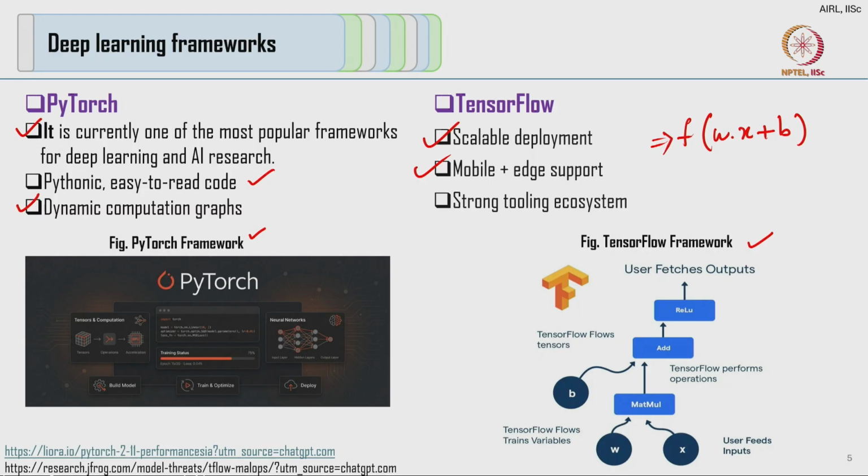Now we can see that for a given input we have a weight W, and when we do a matrix multiplication, finally we will add it with the bias term, and once we have this particular part, which is W into X plus B, we will pass it through the ReLU activation function, essentially defining the output, which is Y, right.